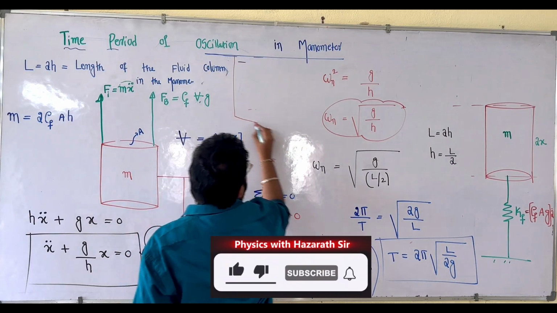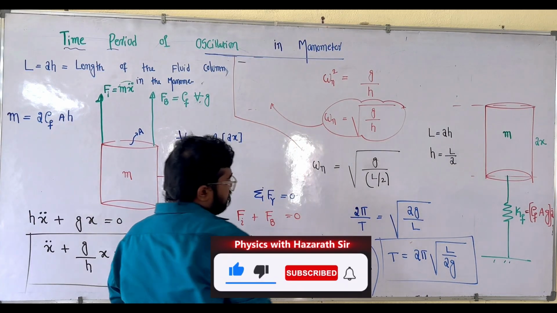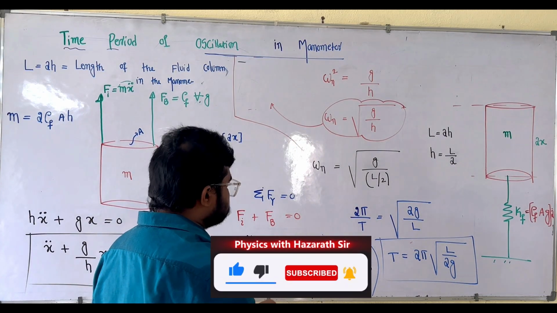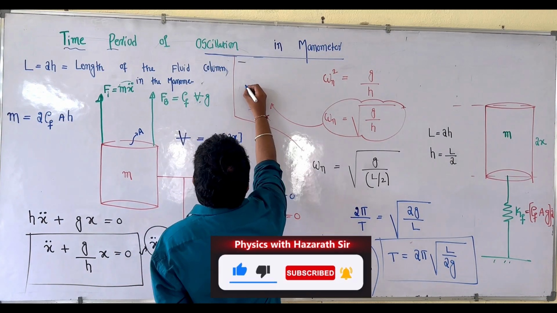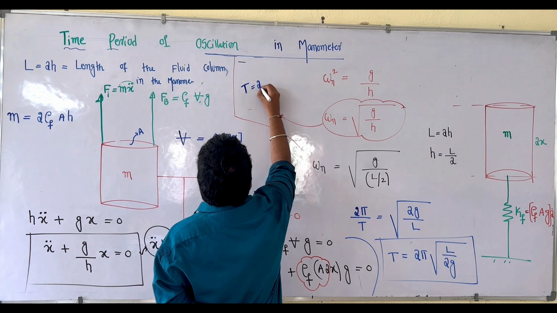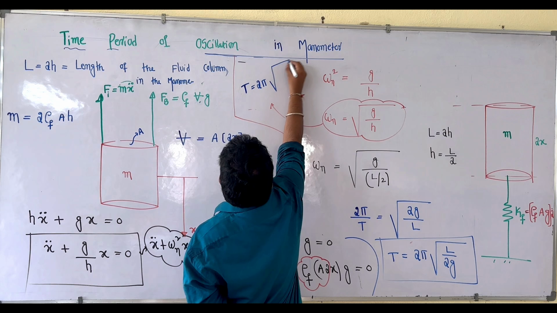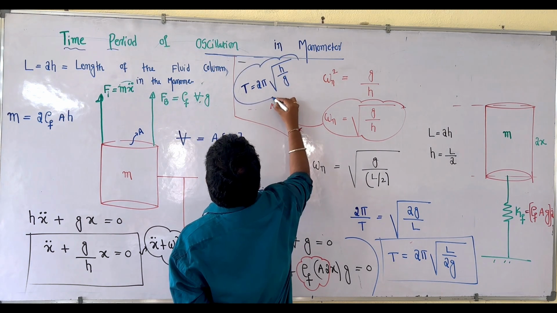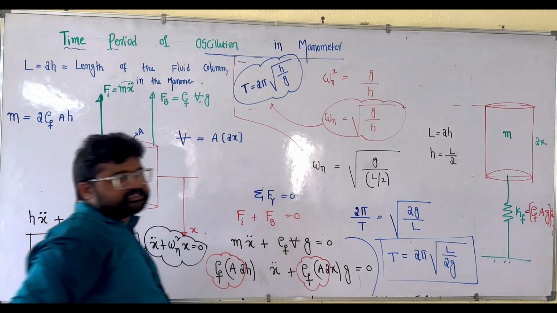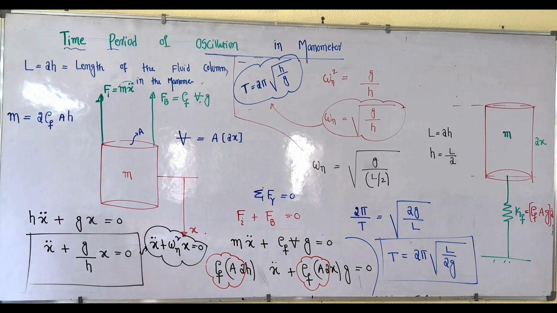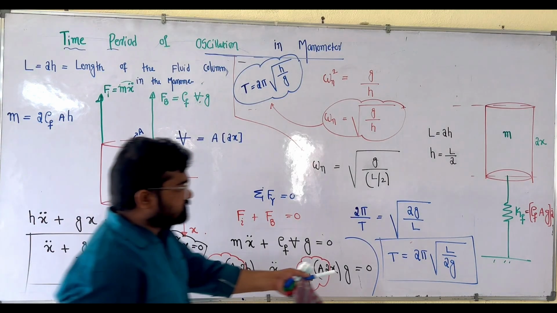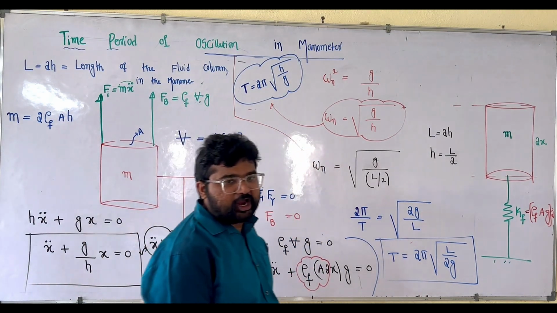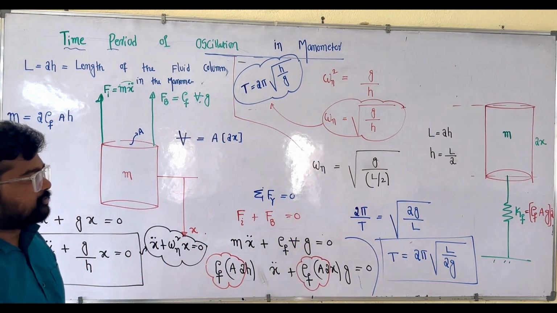T equal to 2 pi square root of h by G. Here h is the height of the fluid column in either the left limb or right limb. L is the total length of the fluid column.